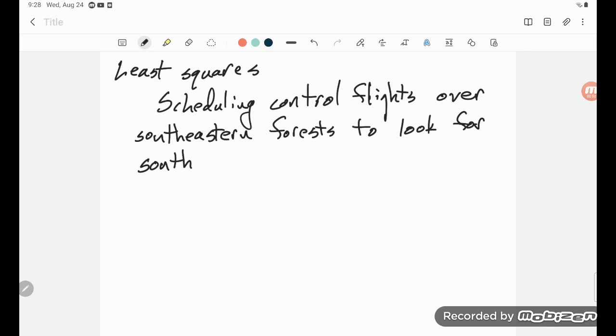So they infest the forest and kill the wood, which is not good for recreation, nor for logging for paper mills and that kind of thing.